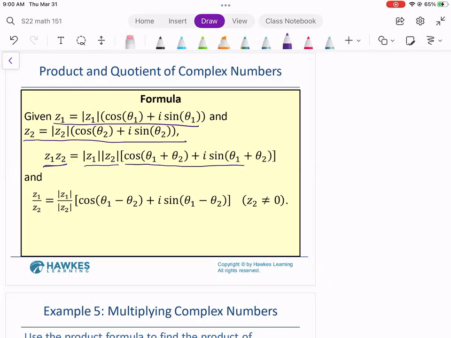And then notice here we're dealing with our sum and difference trigonometric identities that we just discussed previously. In the multiplication, much like when you multiply exponents, you add the exponents together. So here with multiplication, we're adding our arguments together. With division, it's the similar formula, except we are subtracting our arguments.